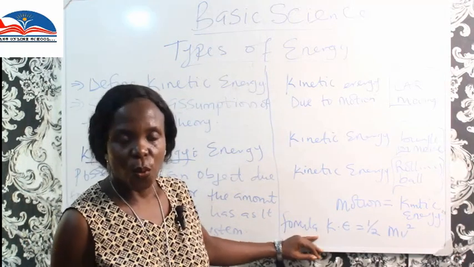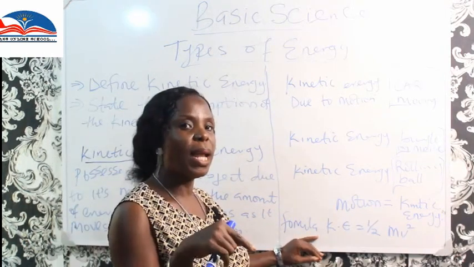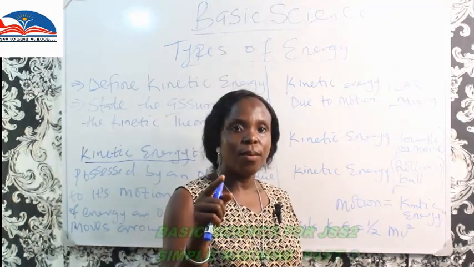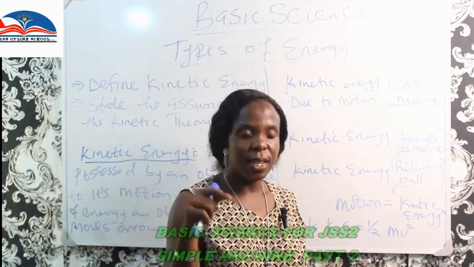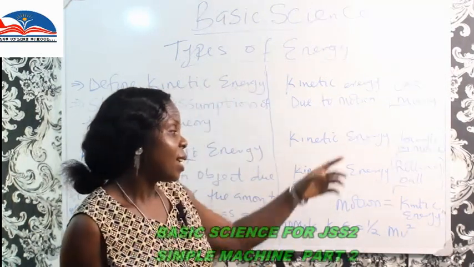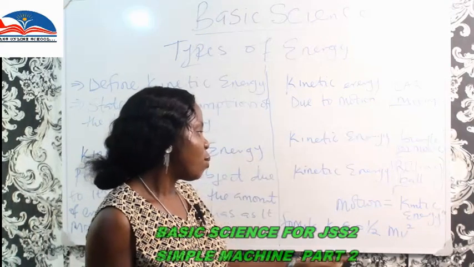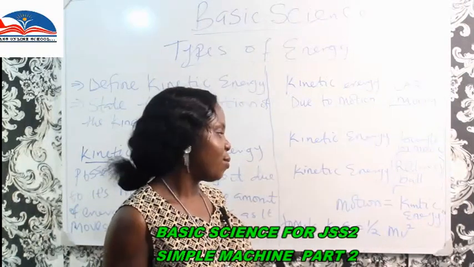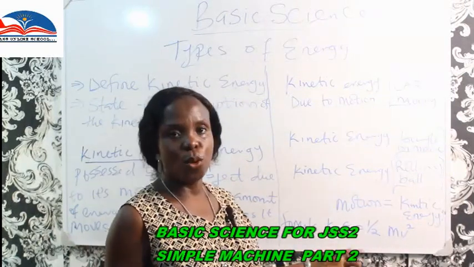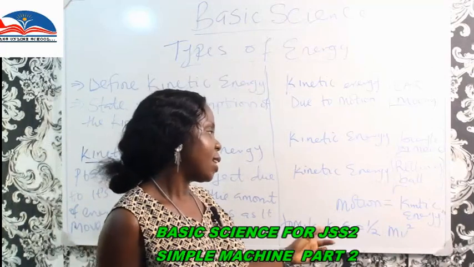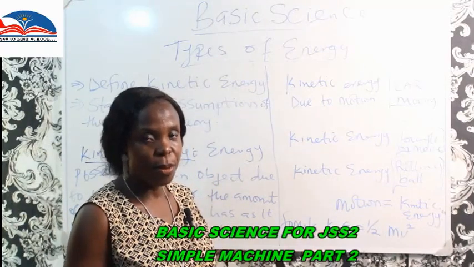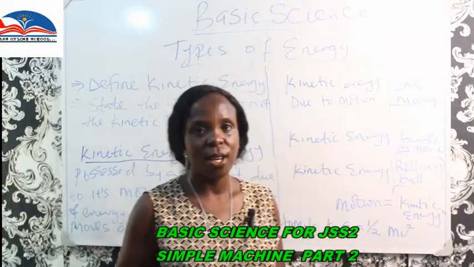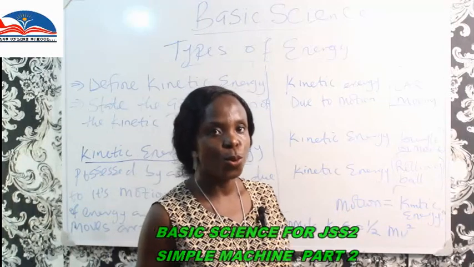Don't worry, when we have a problem to solve, we will apply this formula. If the mass of the car and the velocity it moves at are given, you will be able to input them and get the kinetic energy. Remember that its SI unit is the joule.